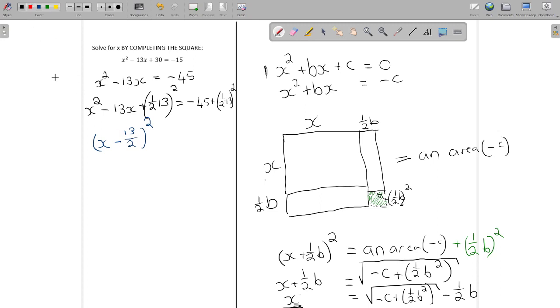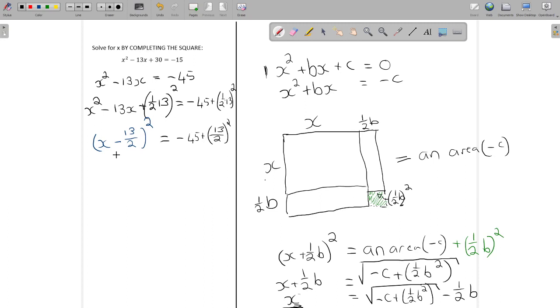And you can test that if you'd like. Multiply this out and you'll notice that you'll get back to this. And that's equal to, now you can get out your calculator and get the value for that, minus 45 plus 13 over 2 squared.